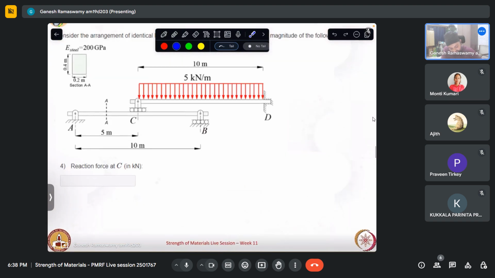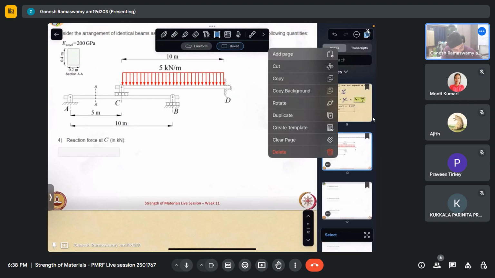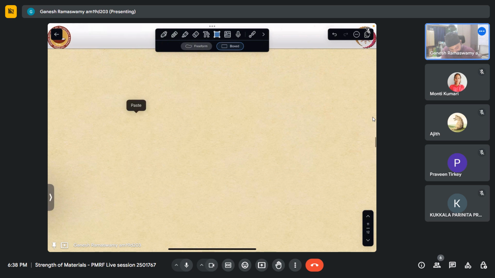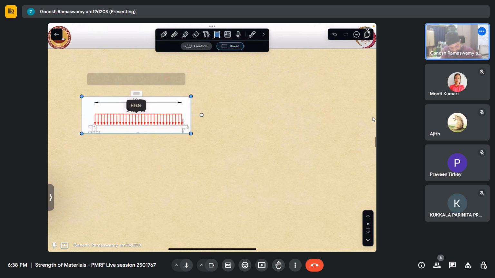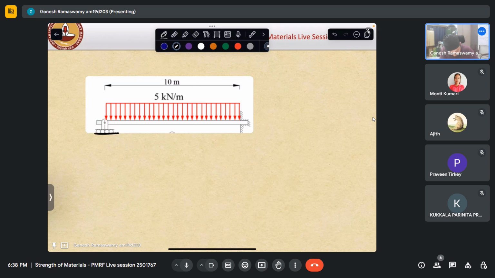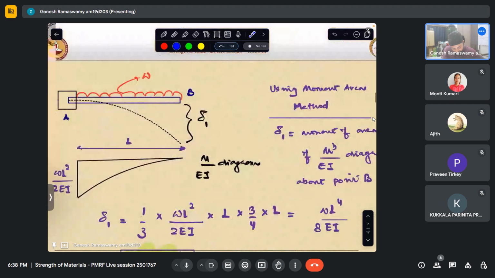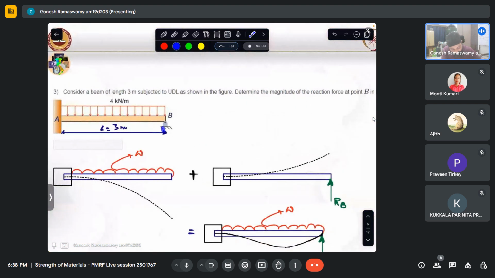So if I just take this piece here, and let me just put the beam over here. Now if this was a roller that is resting on solid ground, then we know it is similar to our previous question, except there is a roller here which is sitting on firm ground.